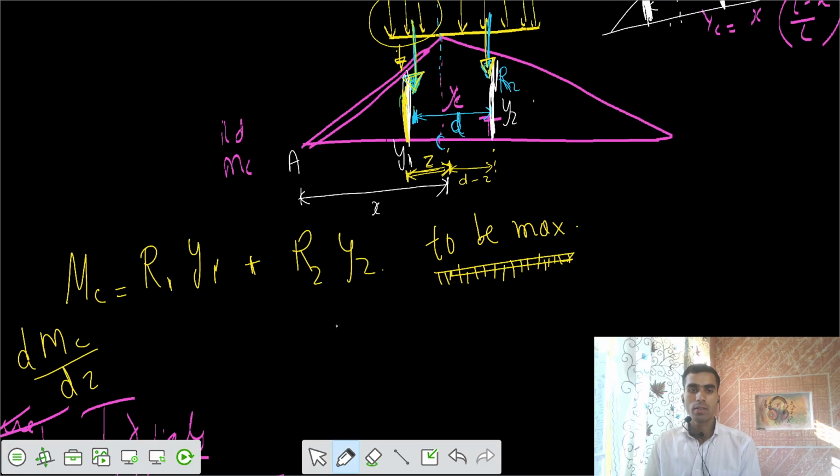What's the value of y1? The value of y1 is yc for the length x, but I need it for the length of the smaller triangle, that's x minus z.